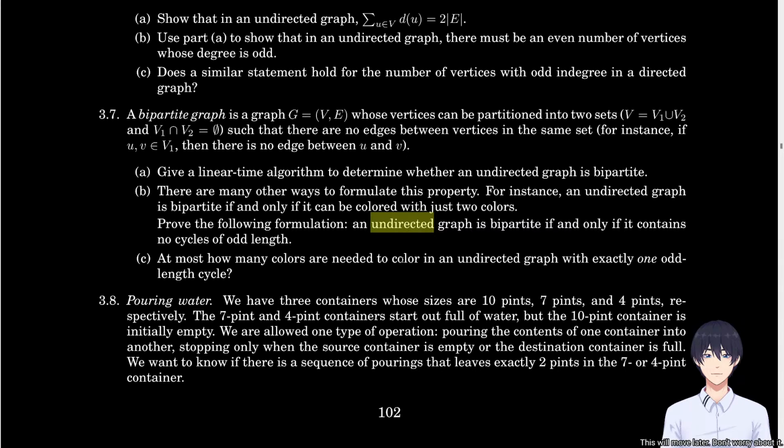How many colors are needed to color an undirected graph with exactly one odd length cycle? Not 2, because you just said that you need at least 3.